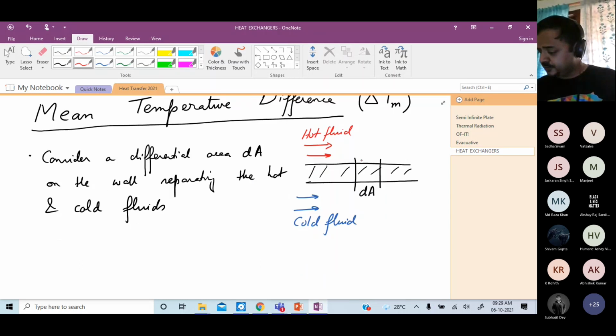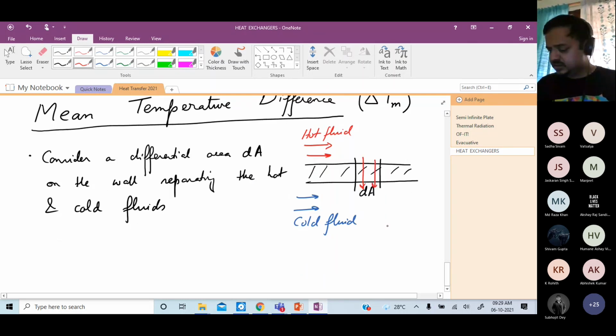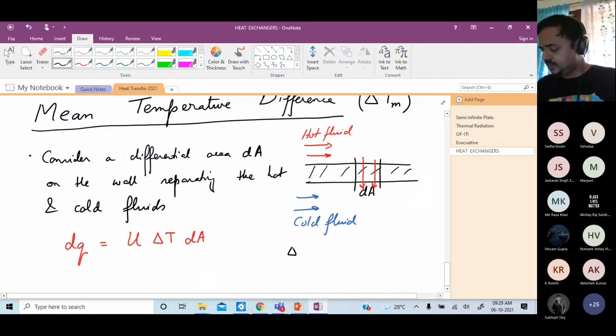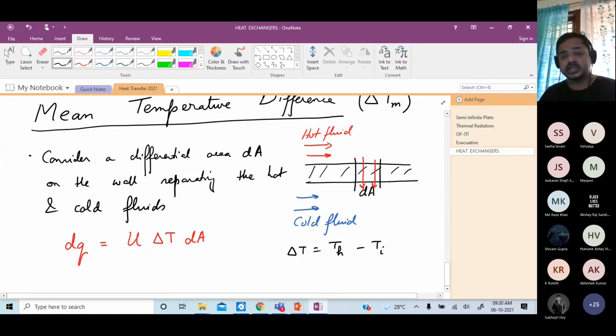What is the heat transfer here? Of course, from the hot side to the cold side. So I can write dQ is going to be U delta T dA, where delta T is T_h minus T_c at that location.